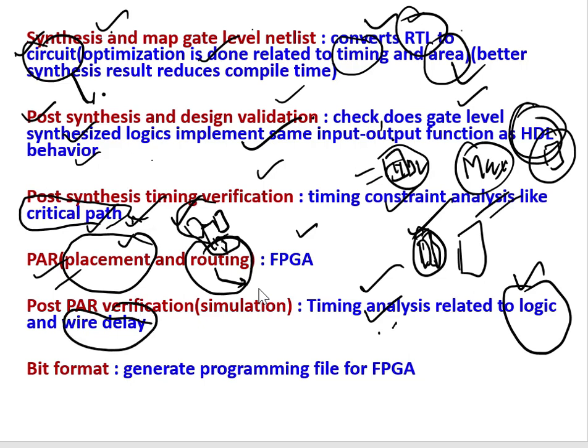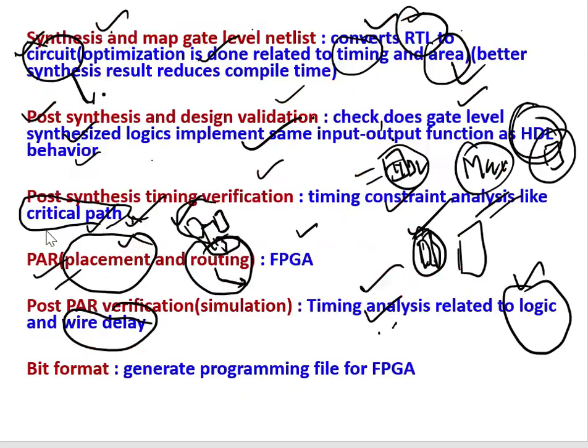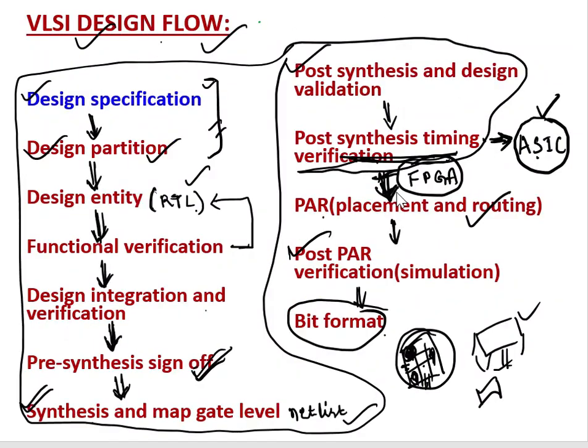And the next is bit format, where the programmable bit is generated. The last step for this FPGA design is bit file generation, which generates the programming file for FPGA. So this is all about the VLSI design flow related to FPGA design.